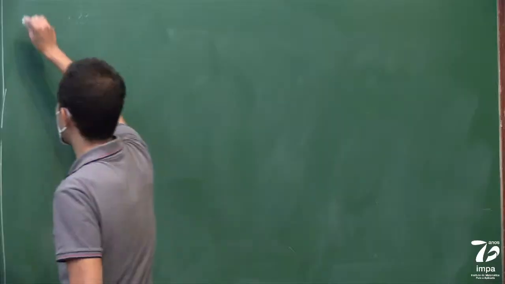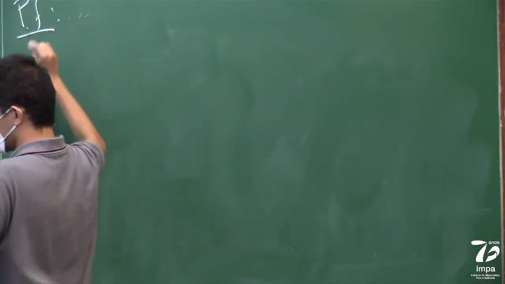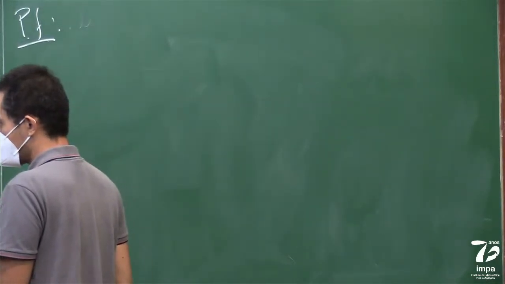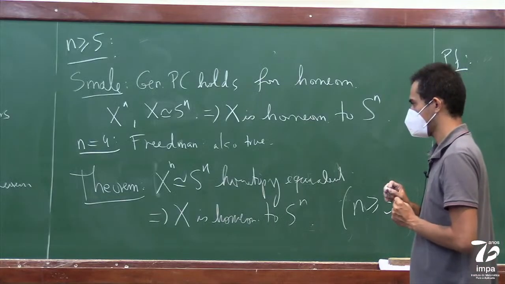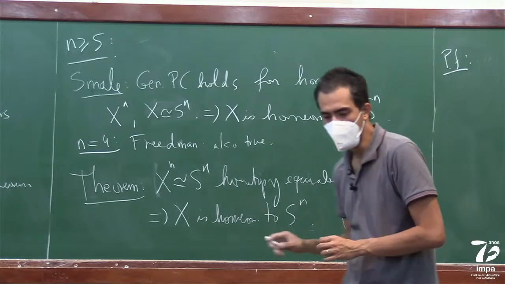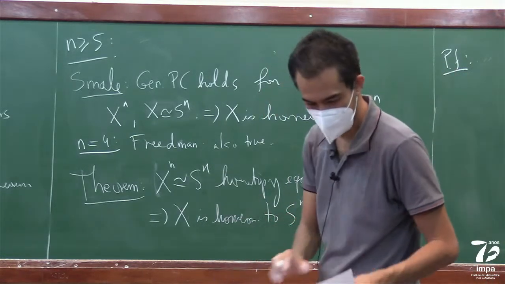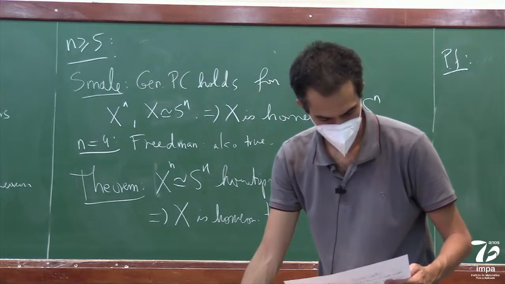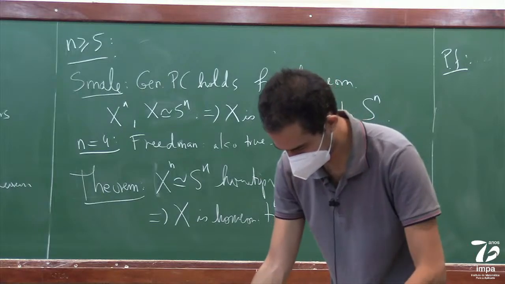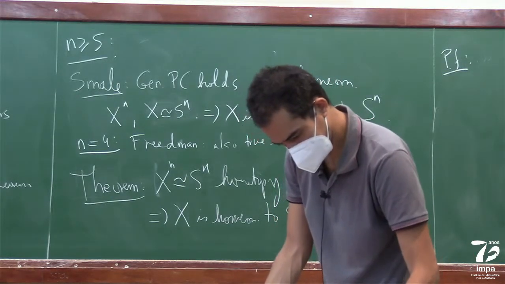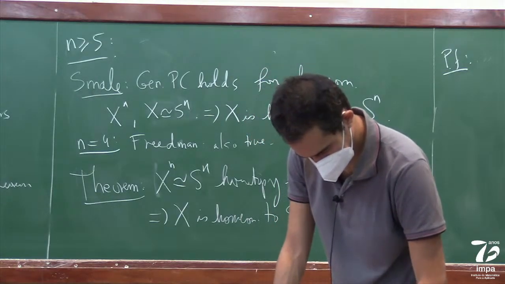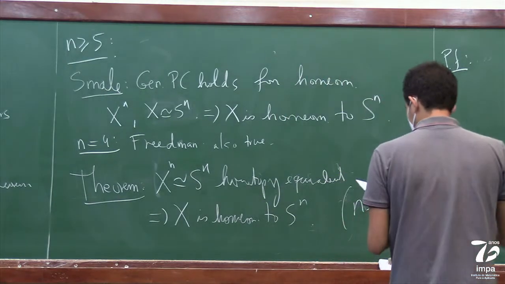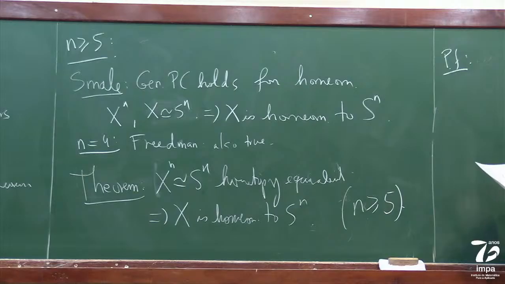But anyway, how do you prove this? Basically, you prove it like this. So if X is homotopy equivalent, then, hold on, let me look at my notes. Then you do the following thing.